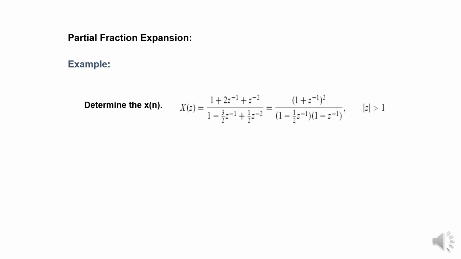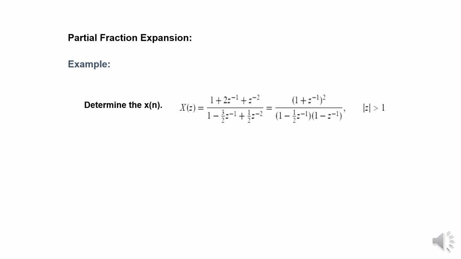The numerator is the upper part of the fraction, that means 1 plus 2z^-1 plus z^-2, right? And what is the denominator? The denominator is 1 minus 3/2 z^-1 plus 1/2 z^-2, right?